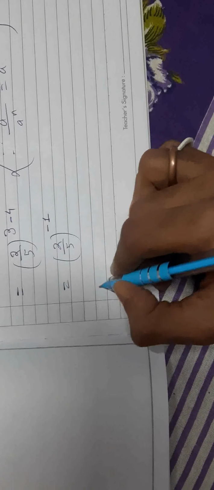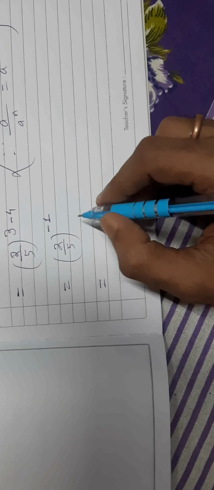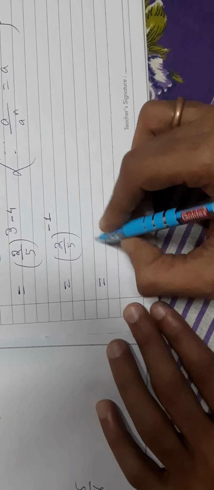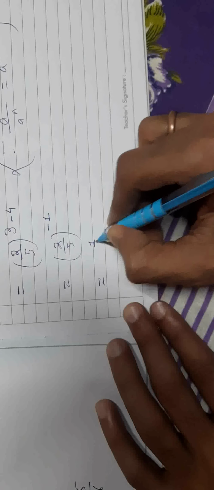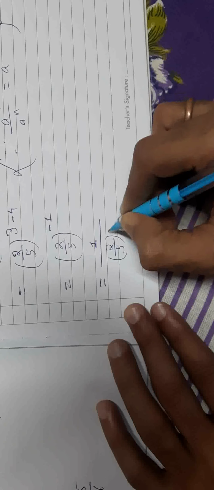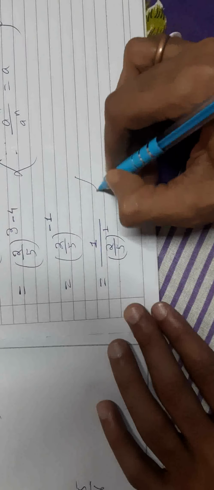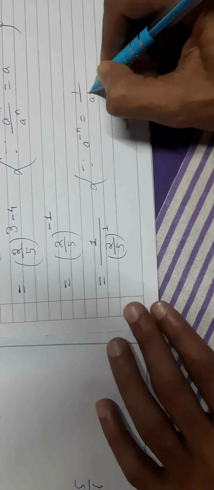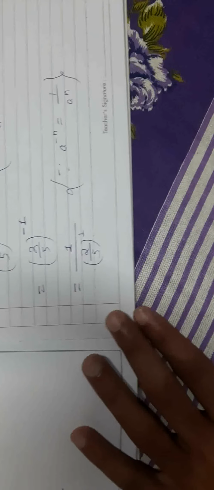Now since it is minus 1, the exponent is negative, so we convert that using the next formula, that is a^(−n) equals 1 by a^n.